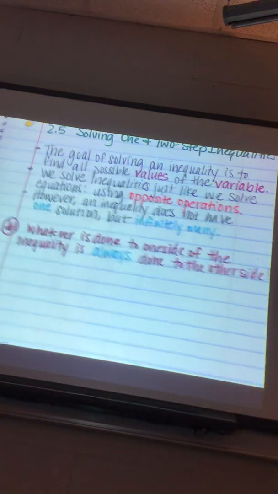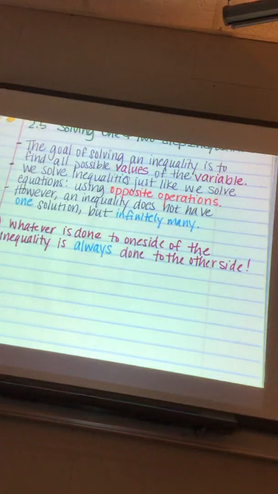That's rule number 1. If you're subtracting 7 to get that 7 off of one side, you have to subtract 7 from the other side of the equal sign, or in this case, the inequality sign.